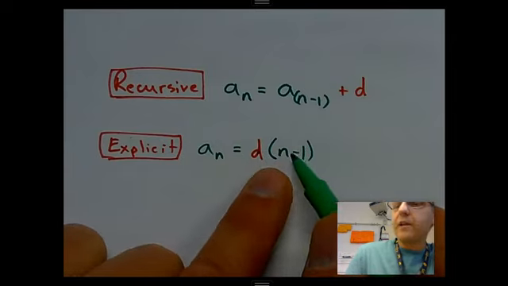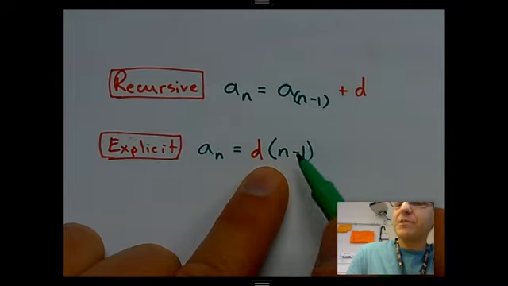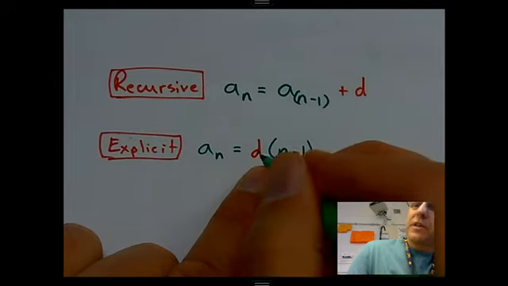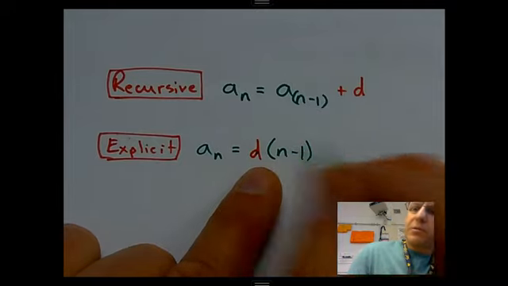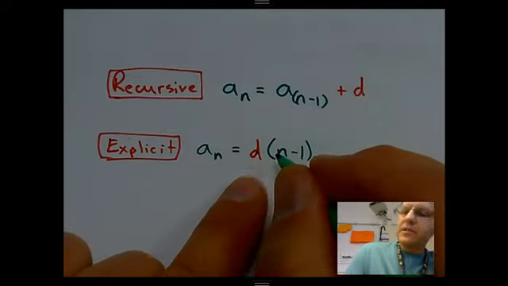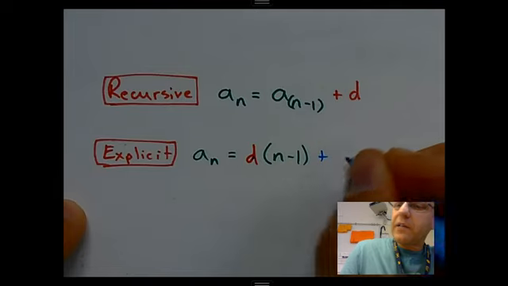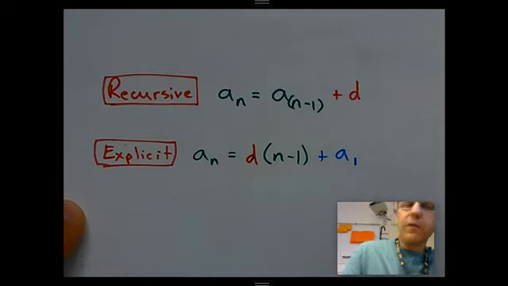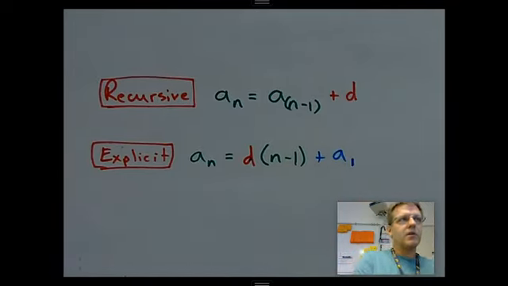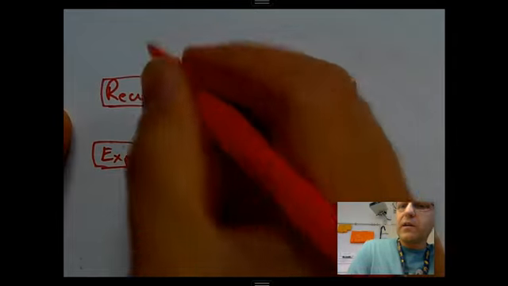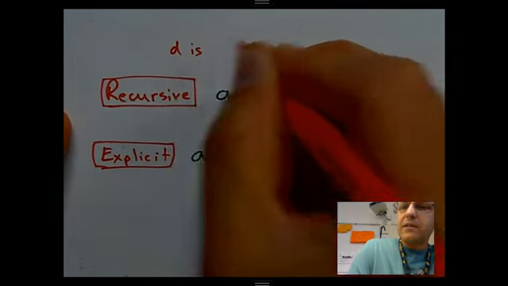So you just multiply those out. So this is d times n minus 1. And then you need one more thing. You need plus your first term. So this is where d is the common difference.